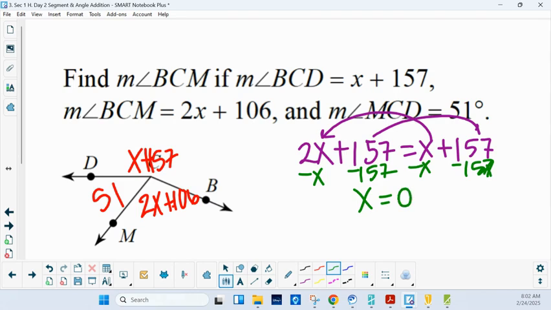It's okay for x to be 0 because it's just a part of the expression making your angle. The angle's not 0. So we just have to plug it in. What are we supposed to find? BCM? Come over to BCM and plug it in. How big is BCM? 106. Yep. 106 plus 51 is 157. Good. Okay, questions on that one? Going good?